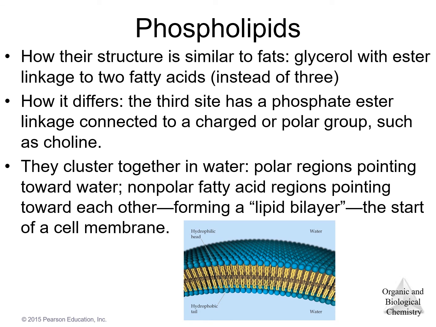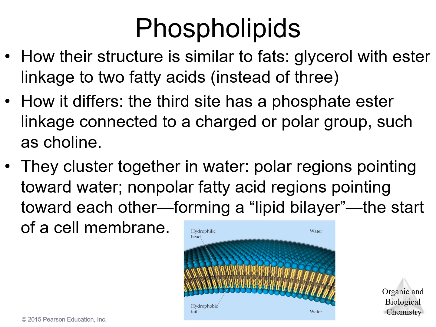Their structure is similar to fats. They're glycerol with ester linkages to two fatty acids instead of three. Where are they different? Why do we care? One of them has a phosphate ester linkage connected to a charged polar group, such as choline. They're clustered together in water.